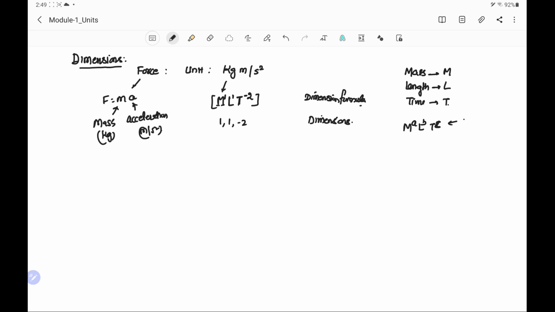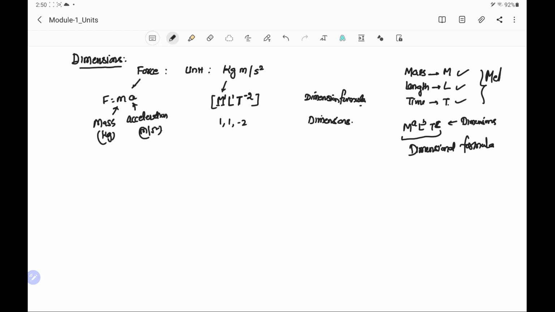These powers are the dimensions, and this whole is called the dimensional formula. So we can say dimensions are the powers of base quantities. These M, L and T are the base quantities in mechanics, and the powers on these base quantities are called the dimensions.